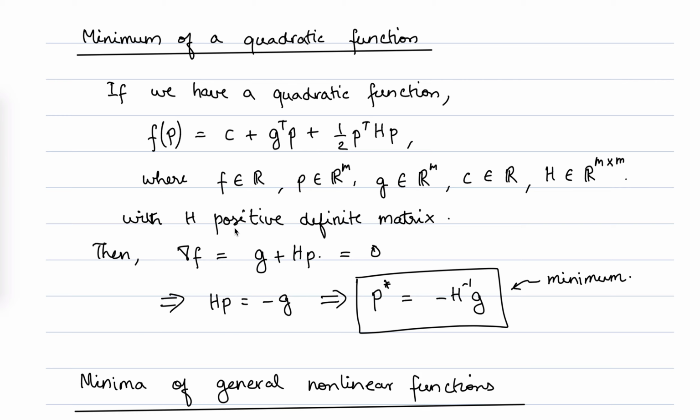In any case, if it does have a positive definite Hessian H, then how do you find the minimum? You differentiate this function, set it equal to 0. Differentiation in this case is the gradient of f. Gradient of f with respect to p, it turns out, is just g, and then the gradient of this quantity is H times p.